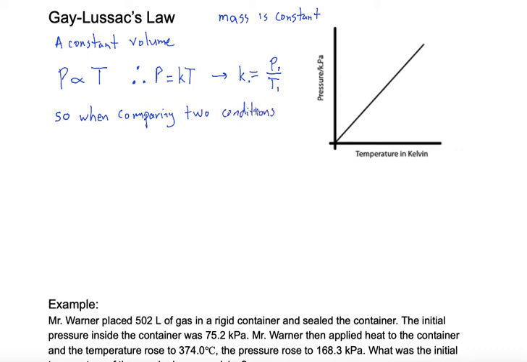If we take that gas under one set of conditions, we'll call it 1. Our K1 value has to be the same for that gas if we change the conditions to whatever conditions 2 would be. Then we can set up this relationship.